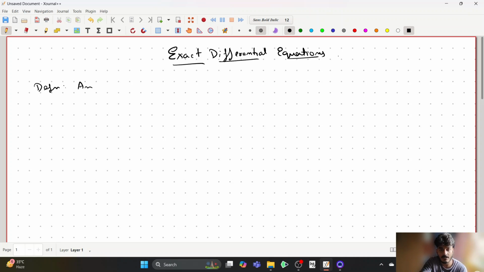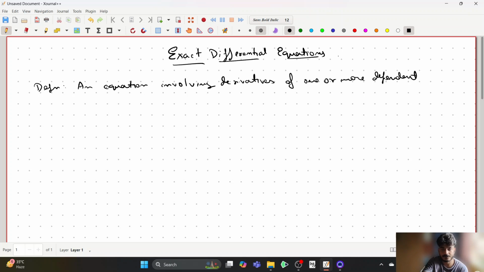So an equation involving derivatives of one or more dependent variables with respect to a single independent variable.